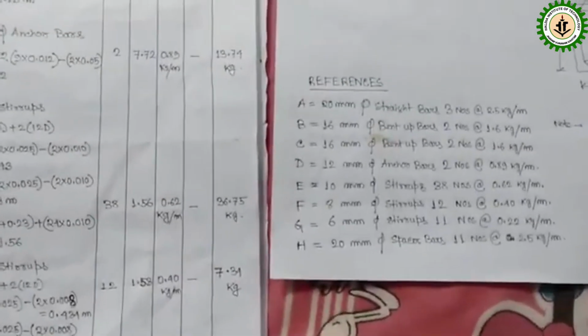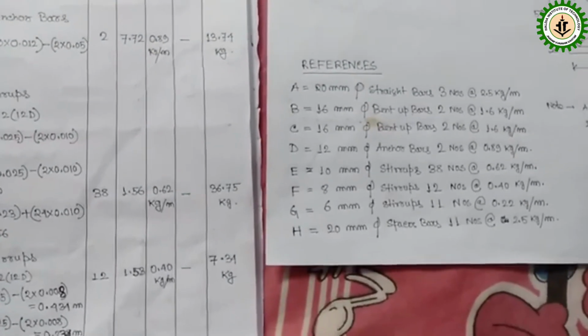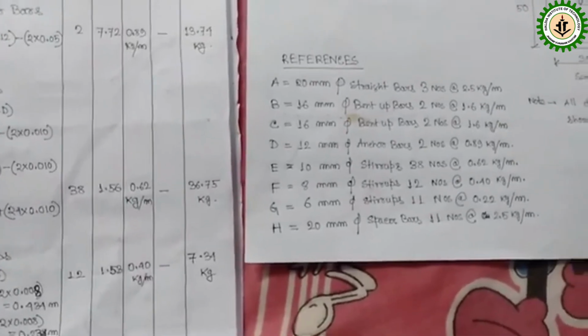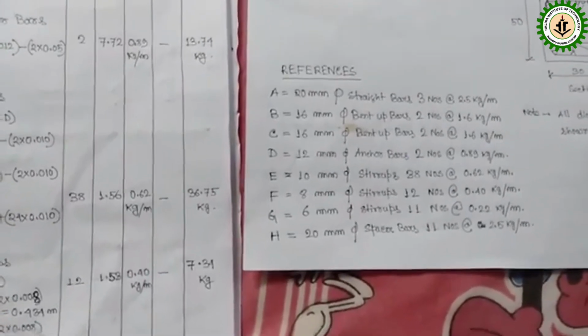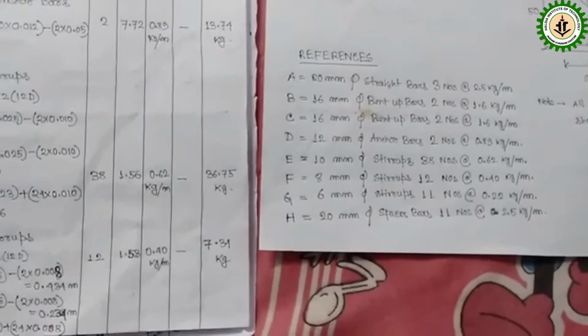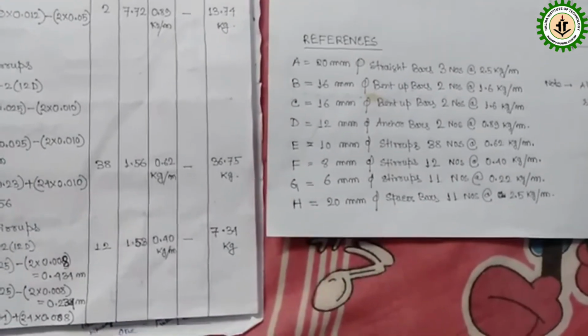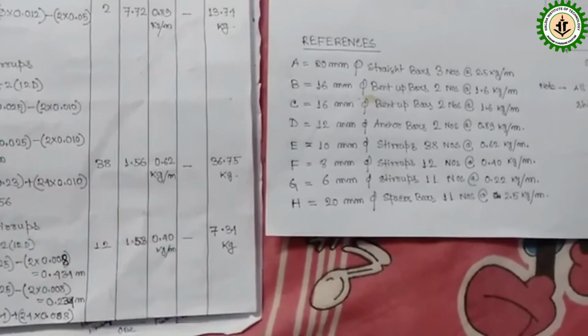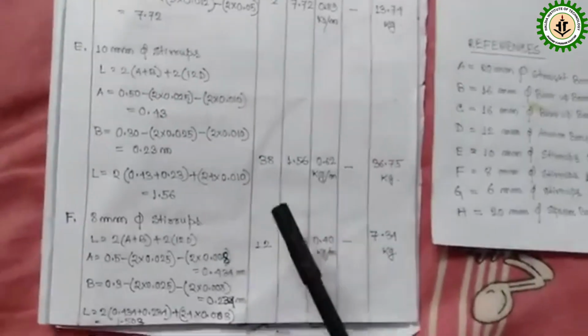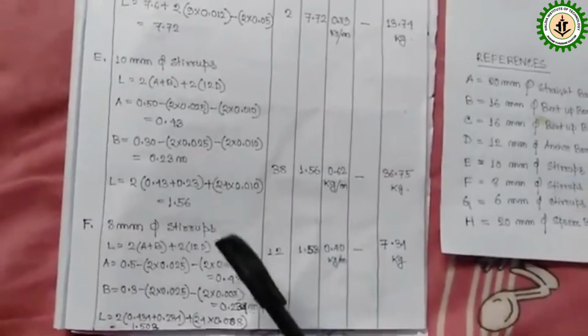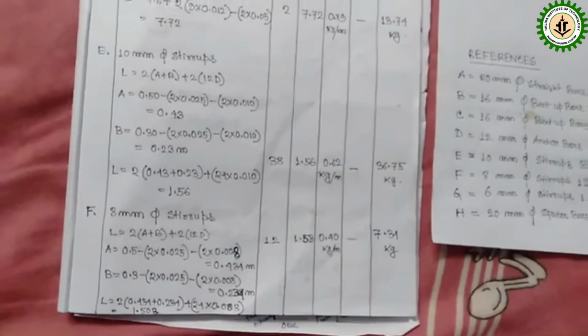Now you can check from this reference, type F and type G are also stirrups, but the dimension is different. So for similar calculation we have to do as for type E stirrup. After that I am not doing this calculation again, it is similar, but the dimension is changed, so a little bit change is here.